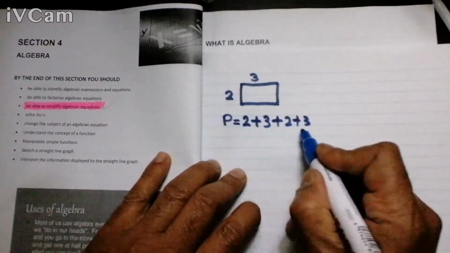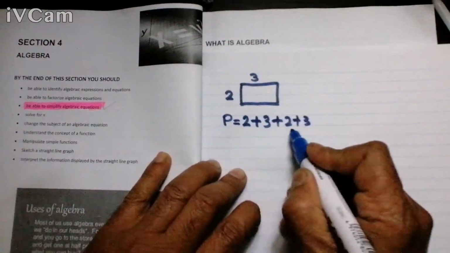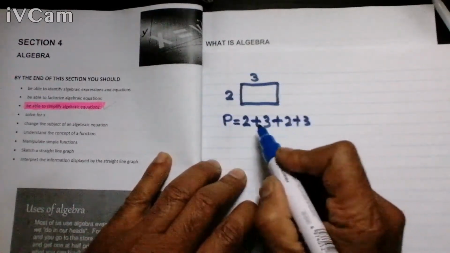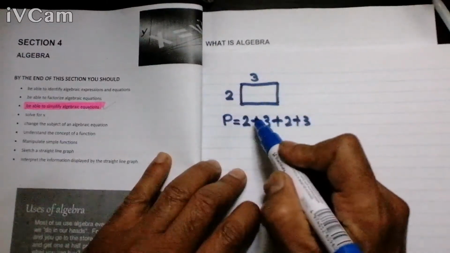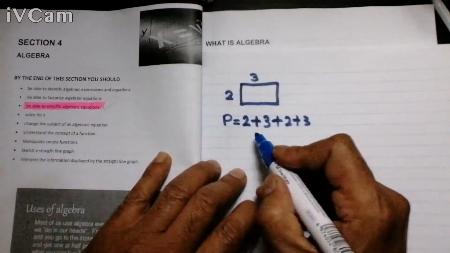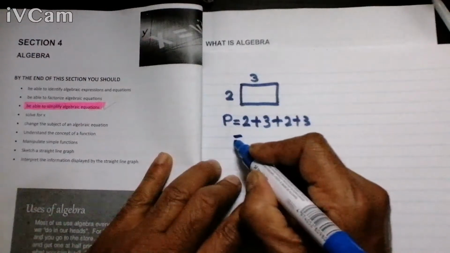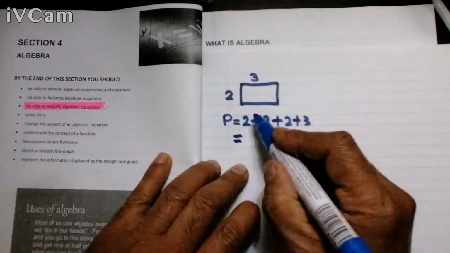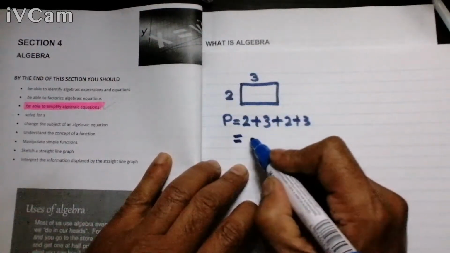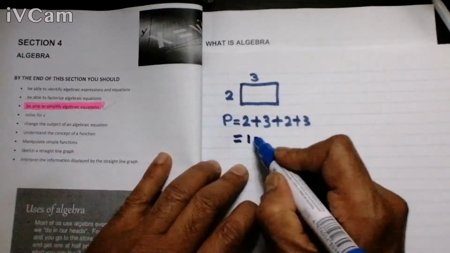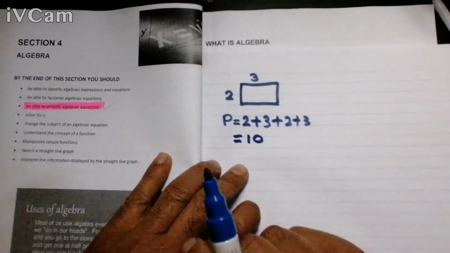So that's an arithmetic expression that expresses the perimeter of this rectangle. And if we are to evaluate that, we are saying we are evaluating this arithmetic expression, and if you add up all these numbers, you're going to get the number 10.